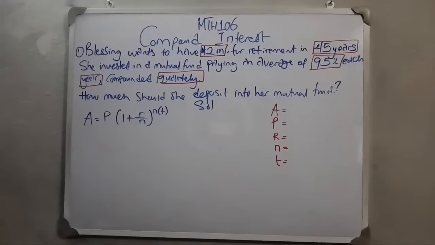Blessing wants to have 2 million. 2 million is the total amount that she intends to have at the end of everything.